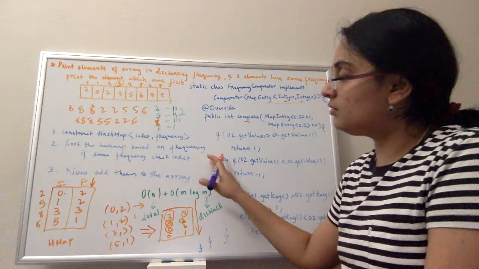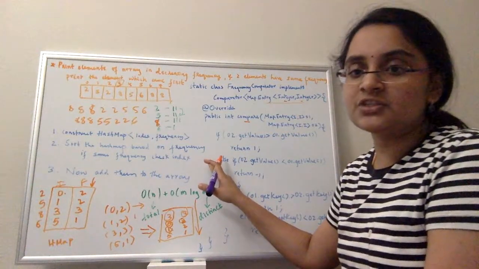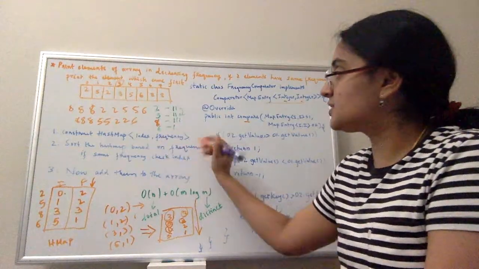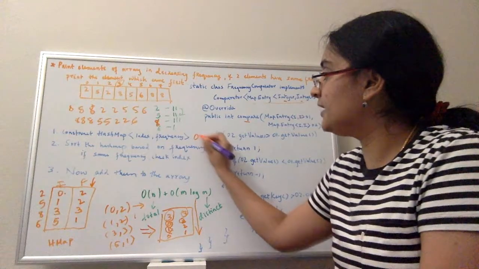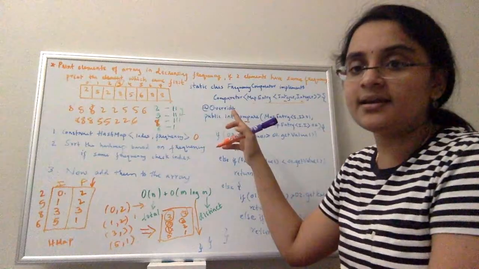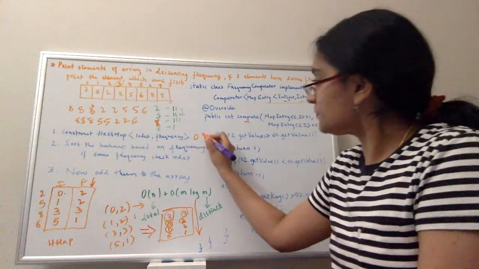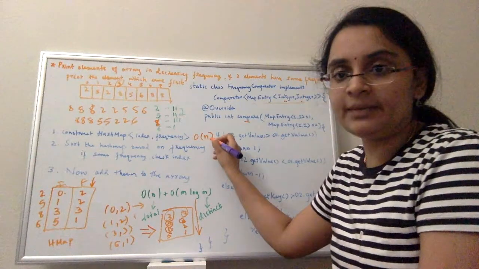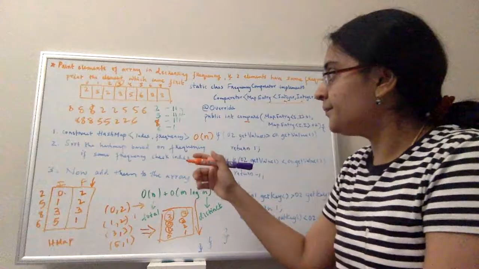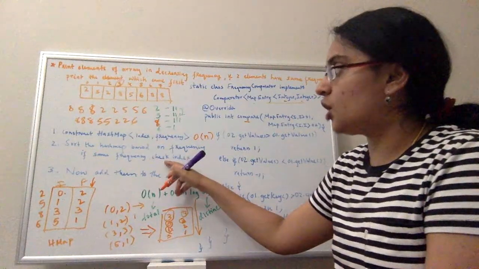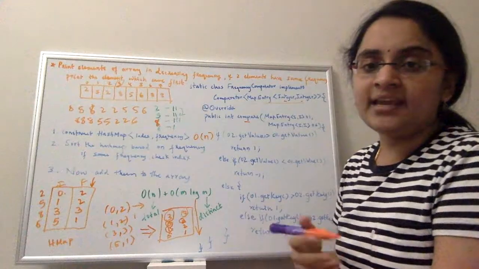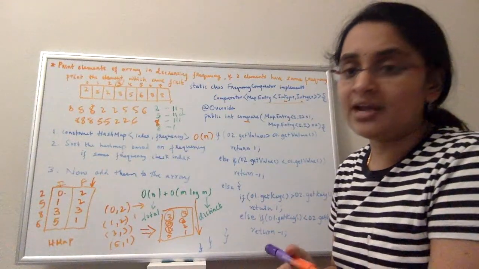Now the complexity of this solution. First, we construct the hash map. Because we traverse the entire array, it is O(n), where n is the size of the array. Then we have to sort the hash map based on the frequencies. Any efficient sorting takes n log n complexity.